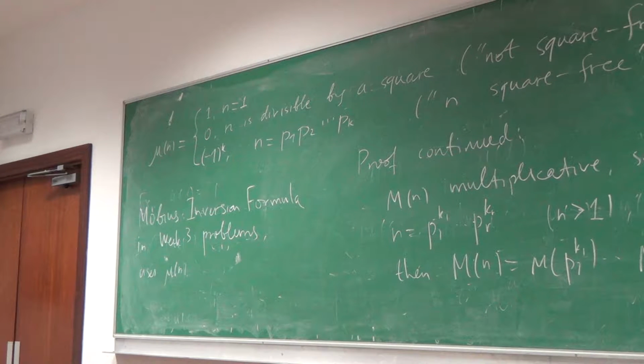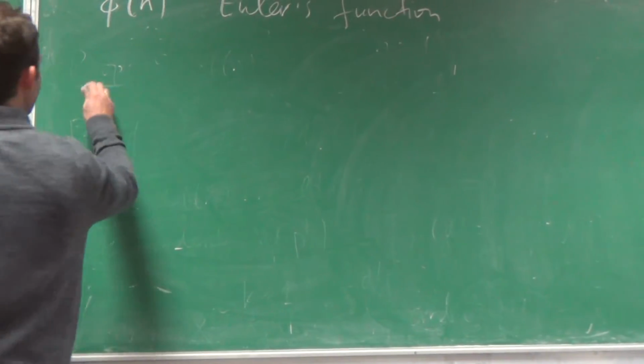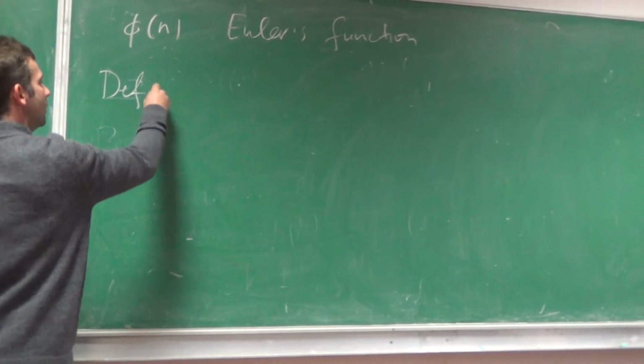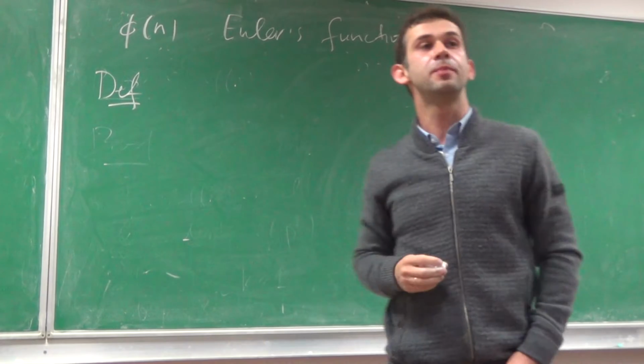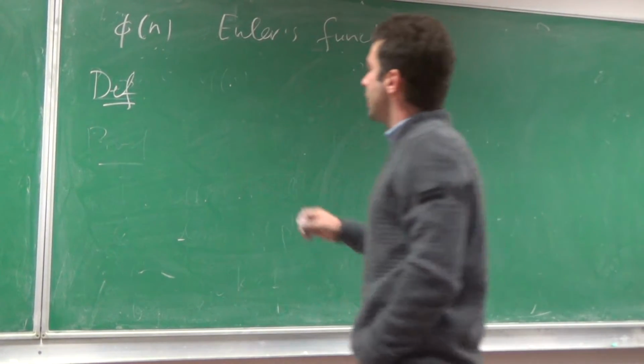Euler was one of the founders of number theory, and lots of results are due to him. So we start with the definition, and then we investigate this function from different perspectives. So what's the definition?